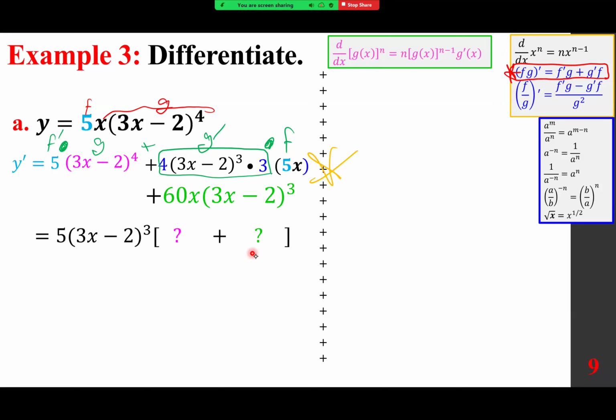And so this, you divide by this. You get one factor of this, 3x minus 2. This, you divide by this. This completely goes away. 60x divided by 5 gives you 12x.